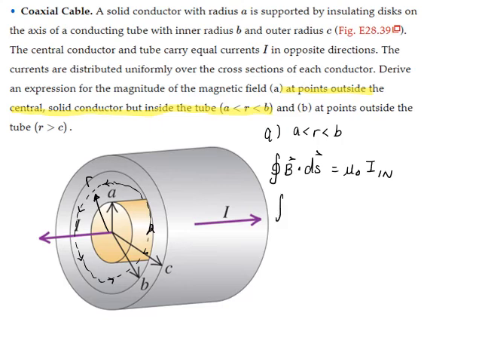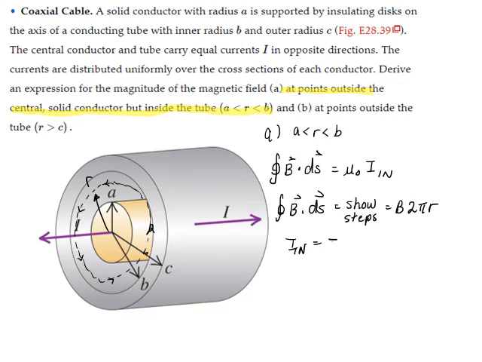So the integral of B dot ds, we can show that that's equal to B times 2 pi r. Mu naught is our constant. I enclosed refers to the amount of current enclosed by that path that we just drew. That's the current on the inner central solid conductor.